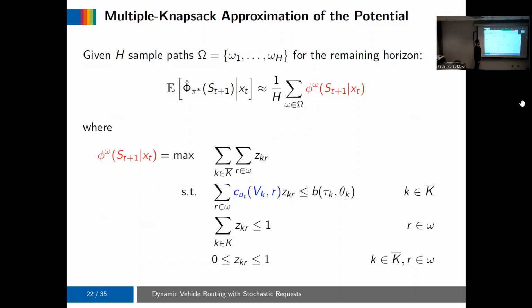And this is, if you estimate, let's suppose you estimate the potential by taking the sample average over a number of optimal solutions to a knapsack problem. Where in this knapsack, you take a sample path, and you have those variables here, Z_KR, which is whether you are assigning this future request R to vehicle K. So you want to maximize the number of future requests that you accept, subject to the constraint that you cannot exceed the budget for each individual vehicle.